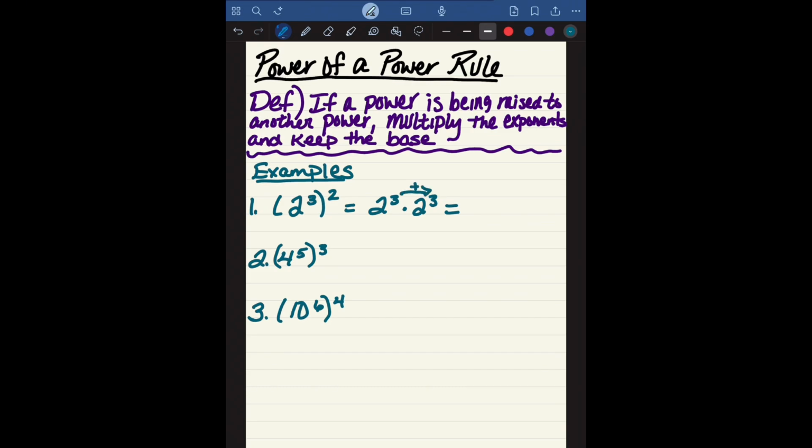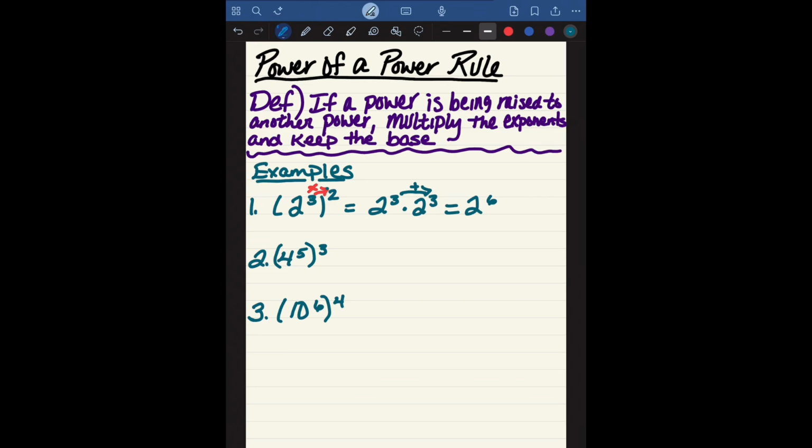You can either do that method or just multiply. So remember, 3 times 2 equals 6. But remember, we're going to keep our base. So our answer for number 1 is 2 to the 6th power.